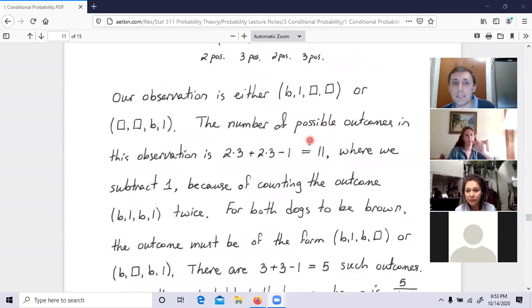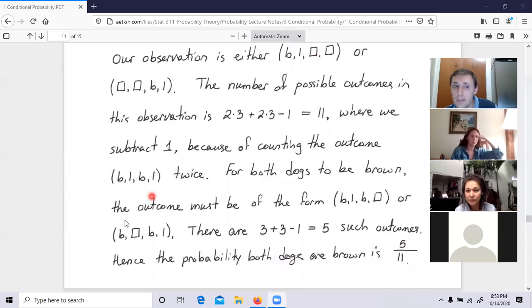Now, how many possible outcomes in those universes? So this universe, look at it here. This universe that begins with B1 has 2 times 3 possibilities, 6 possibilities. This other universe also has 6 possibilities, and just as Alejandro noticed, we are overcounting one possibility because both of those universe types contain one universe in common, namely B1, B1.